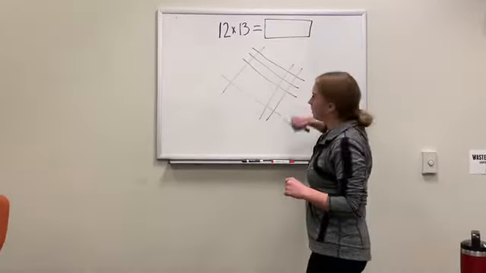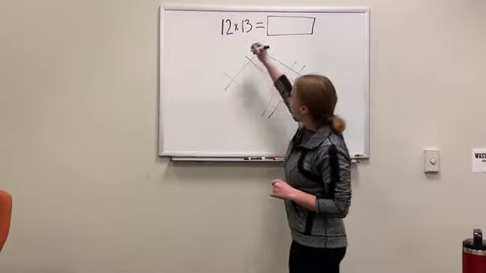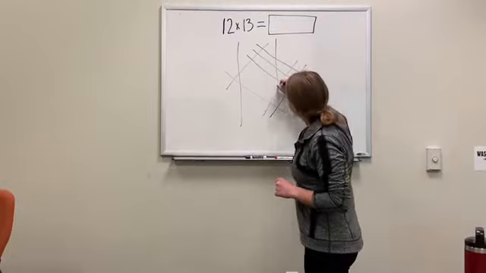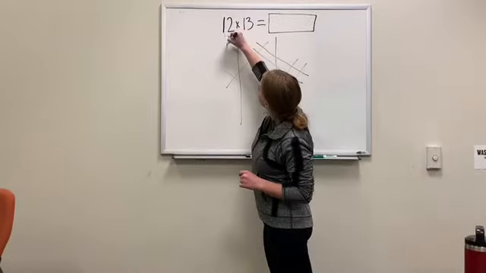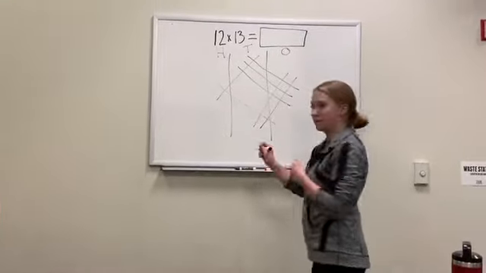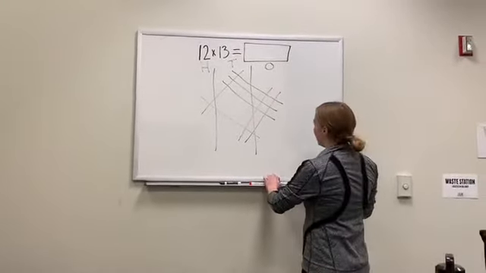for the ones place. And then we're gonna do it in our sections again, where there's the hundreds, tens place, and then the ones place. I'll grab a different color marker.